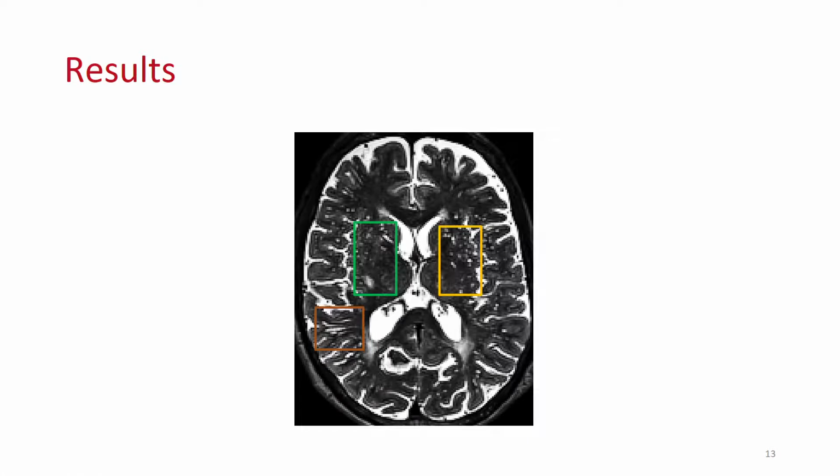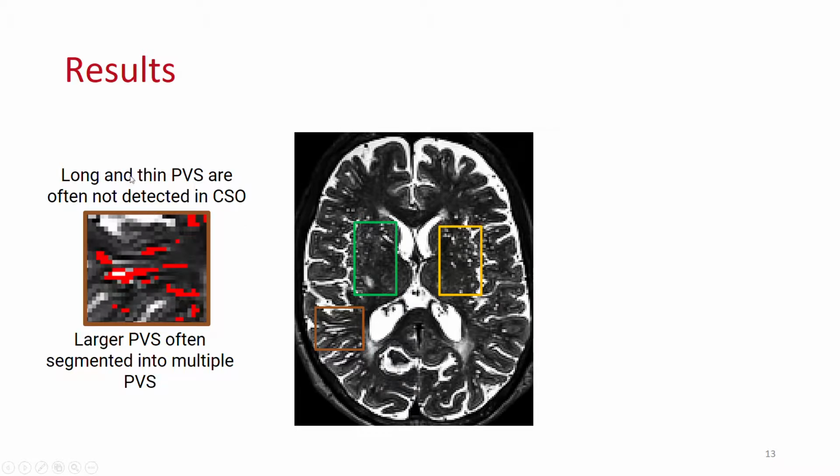We also detected some systematic errors segmentation methods make, that may be researched in the future. First, in the central semiovale, we observed that long and thin PVS are often not segmented completely. They're typically fragmented into multiple pieces, and this affects counts of PVS in the central semiovale.